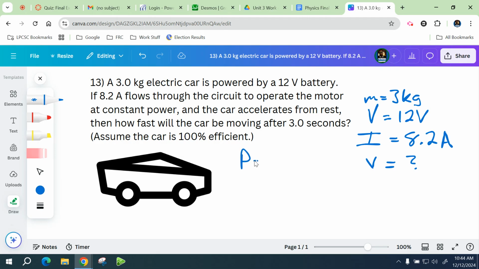So remember that power is equal to the current times the voltage, or the power in watts is equal to 8.2 amps times 12 volts. I wrote it down backwards, I guess it doesn't matter.